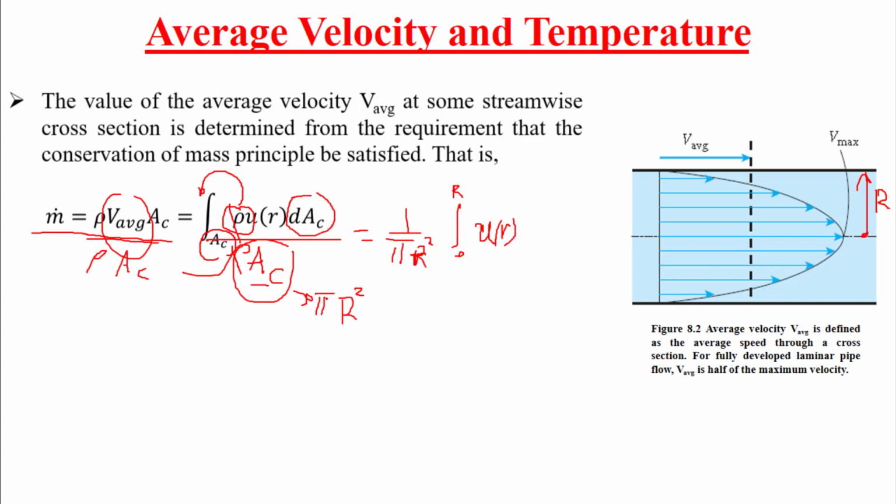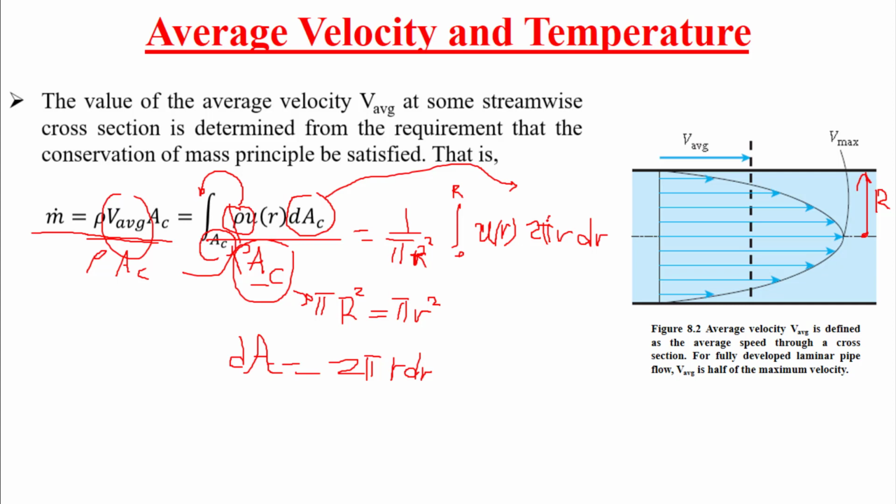The differential of the cross-sectional area pi r squared, with r as a variable, is 2 pi r dr. So here instead of the cross-sectional area, I can write 2 pi r dr.